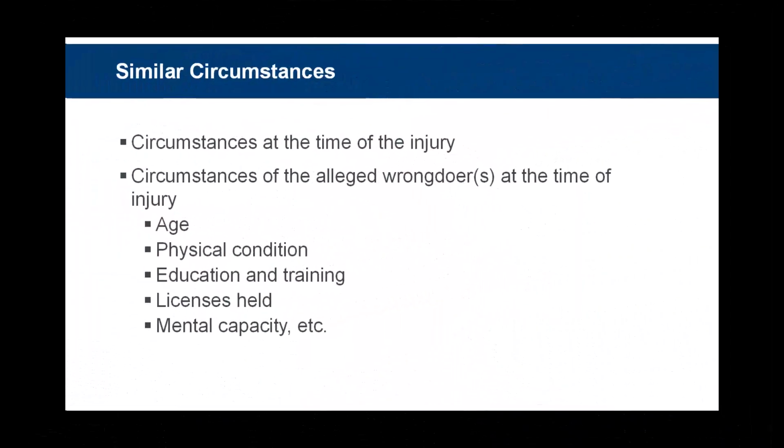Now let's analyze the concept of similar circumstances in negligence law, a key factor in determining reasonable behavior. Similar circumstances consider various factors present at the time of the injury, including circumstances at the time of injury, the specific situation and environment when the harm occurred, and circumstances of the wrongdoer, attributes like age, physical condition, education, training, licenses held, and mental capacity.